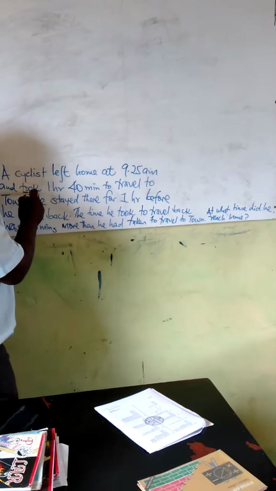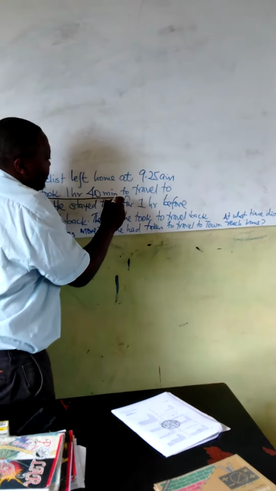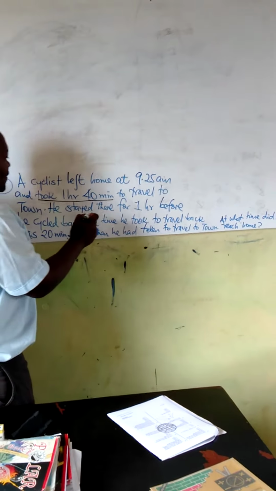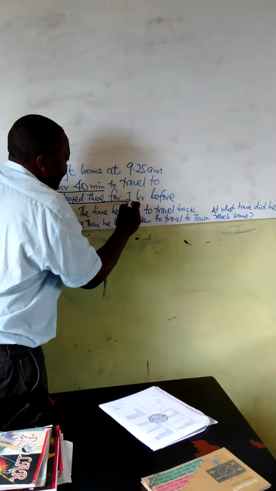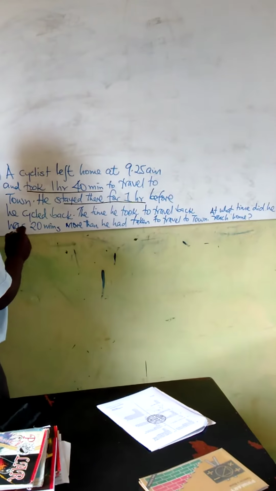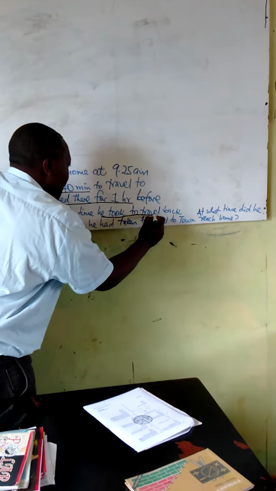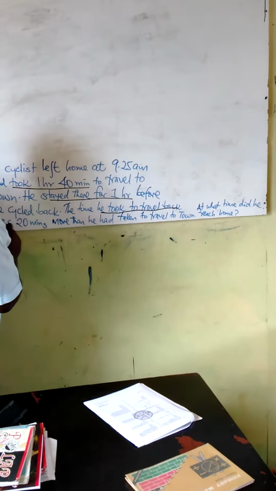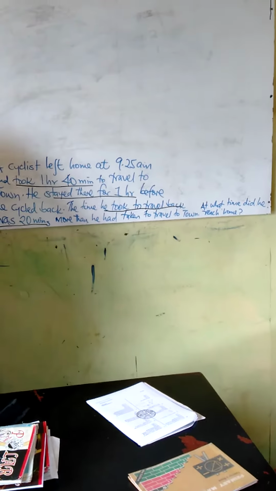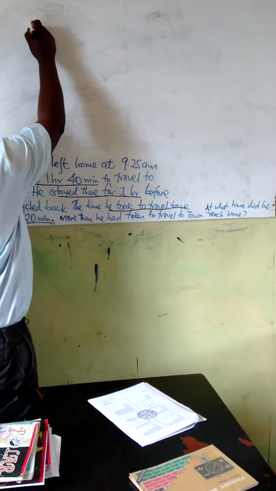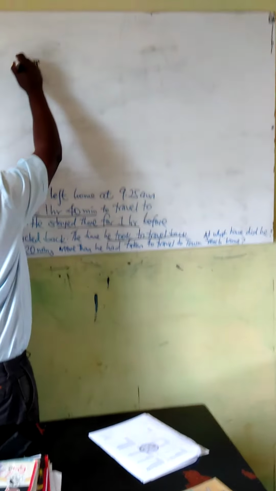So we need to underline the keywords. Took 1 hour 40 minutes to travel to town. Stayed there for 1 hour. That is very key. And then the time he took to travel back. That is very key. So he left home. Departure from home. This is the solution.